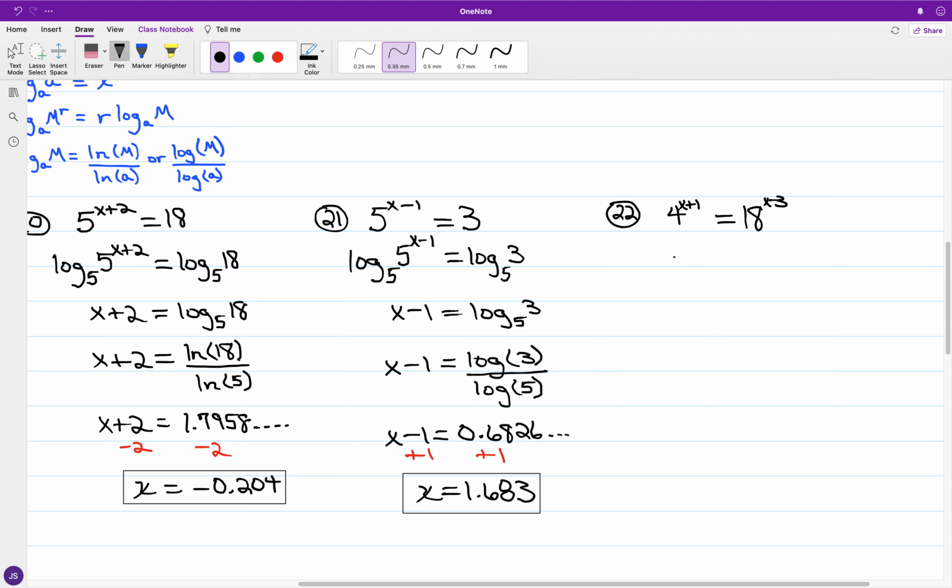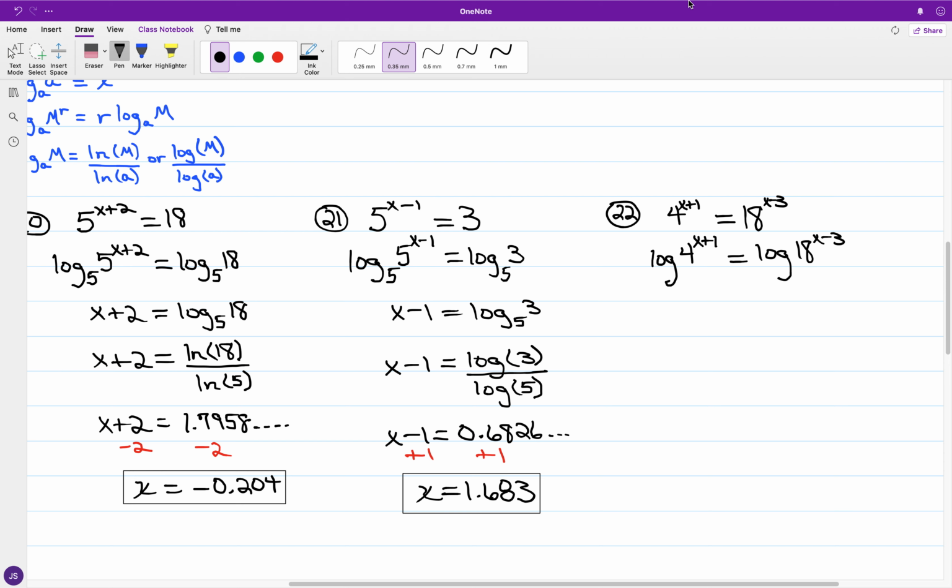So again, say ln or LOG on both sides. So we have the base 10 logarithm of 4 to the x plus 1 equal to the base 10 logarithm of 18 to the x minus 3.